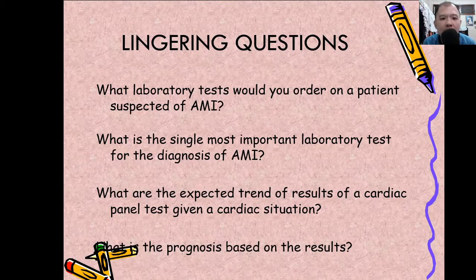So what are the laboratory tests that you would order on a patient suspected of acute myocardial infarction? What is the single most important laboratory test for the diagnosis of acute myocardial infarction? What is the expected trend of results of a cardiac panel test given a cardiac situation? What is the prognosis based on the results?